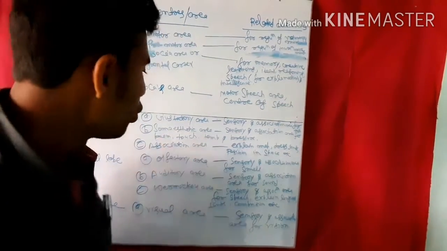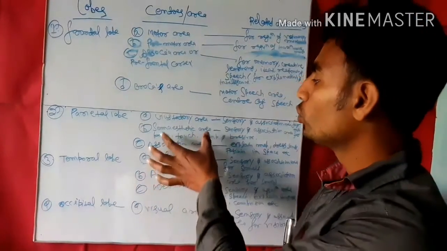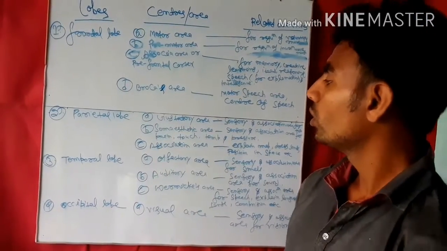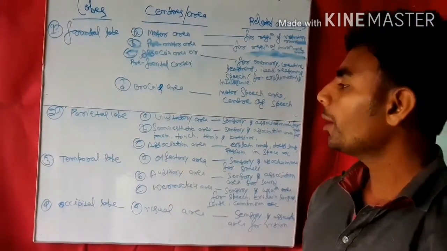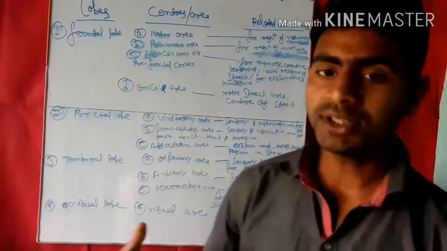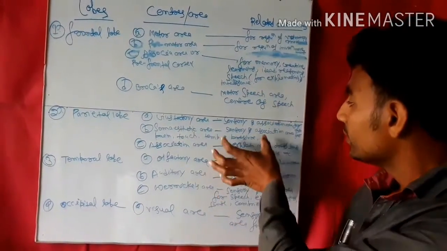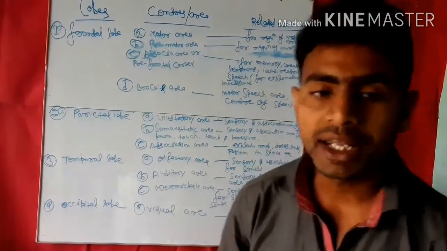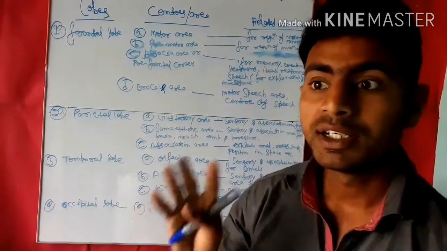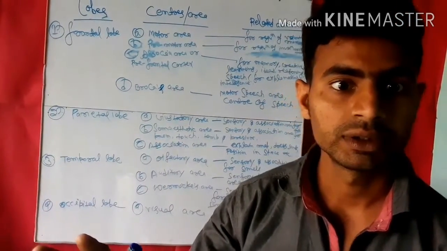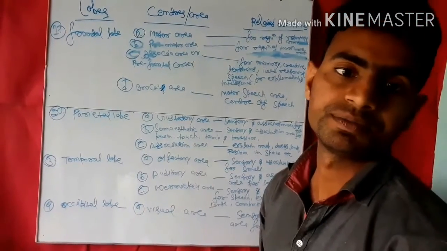Second is the somaesthetic area. The related activities of the somaesthetic area are sensory and association area for pain, touch, temperature, and pressure.